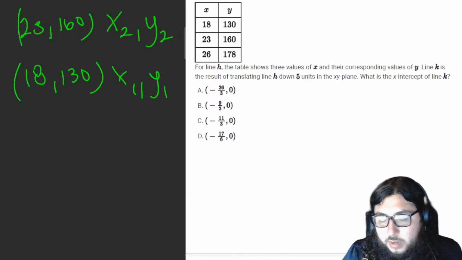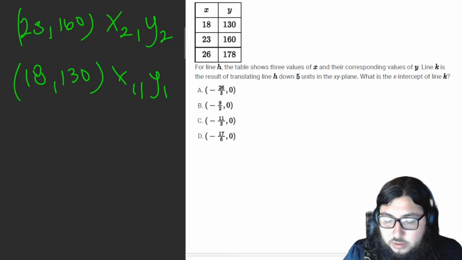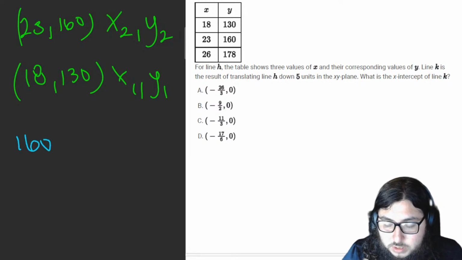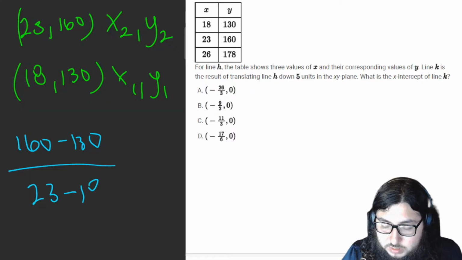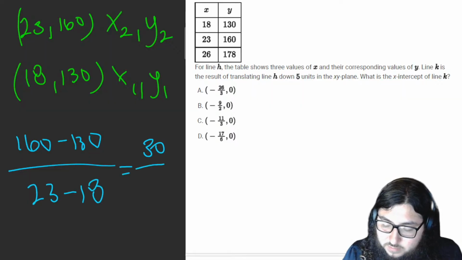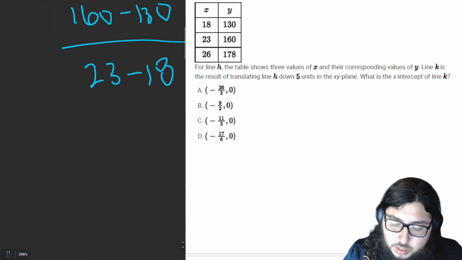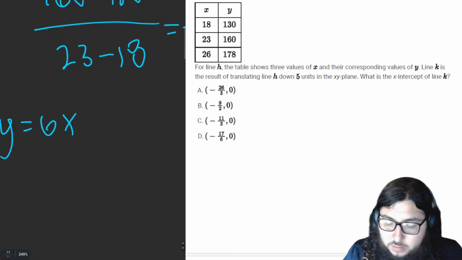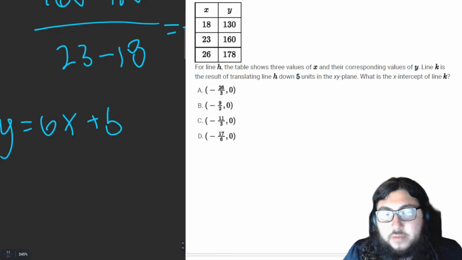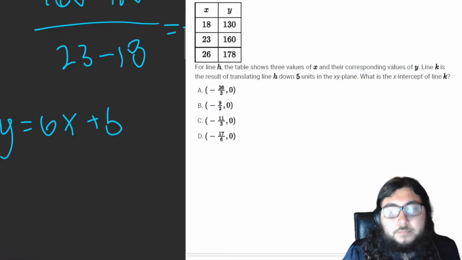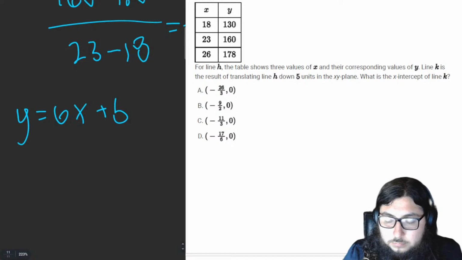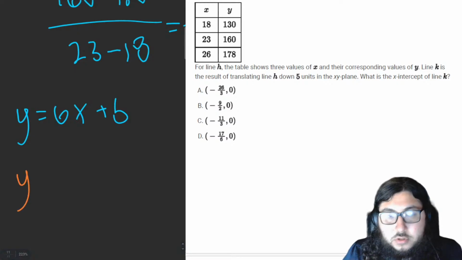Now remember, it doesn't really matter how you choose these points, you'll get the same answer in the end. So 160 minus 130 over 23 minus 18 gives us 30 over 5. That means that the slope of this line is 6, because 30 divided by 5 is 6. Now we just have to figure out the y-intercept. So then, we can choose any points to be y and x.